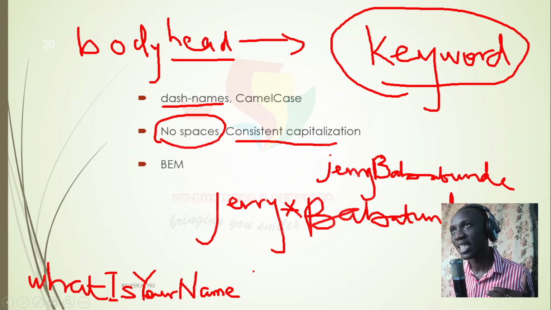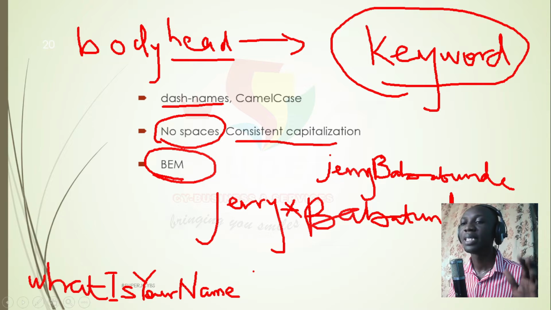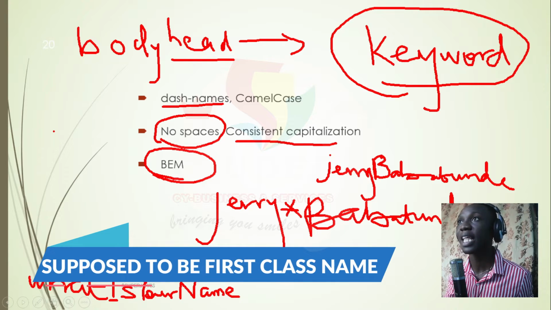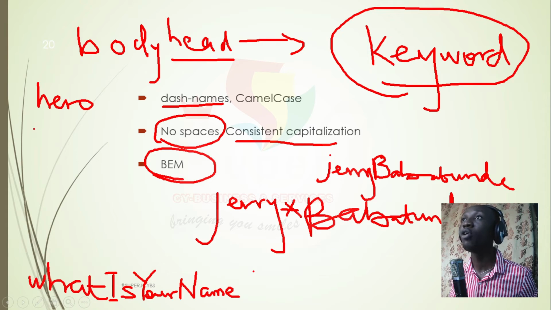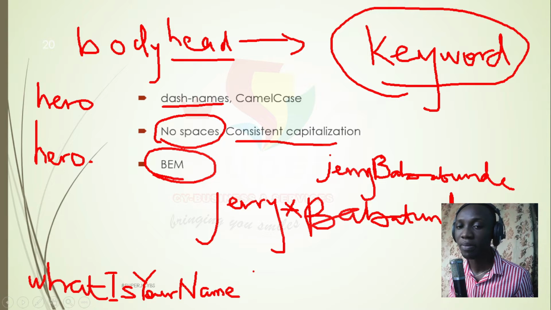So as we step in, I will be talking to you about the BEM naming convention. And with the BEM, what we just do is that if we have a very first tag, hero, and then I want to come and put a logo on the hero, what I'm going to do is that I'm going to repeat the main class name, which is hero, and then I'll put an underscore, and then without spaces, please, and then put logo.